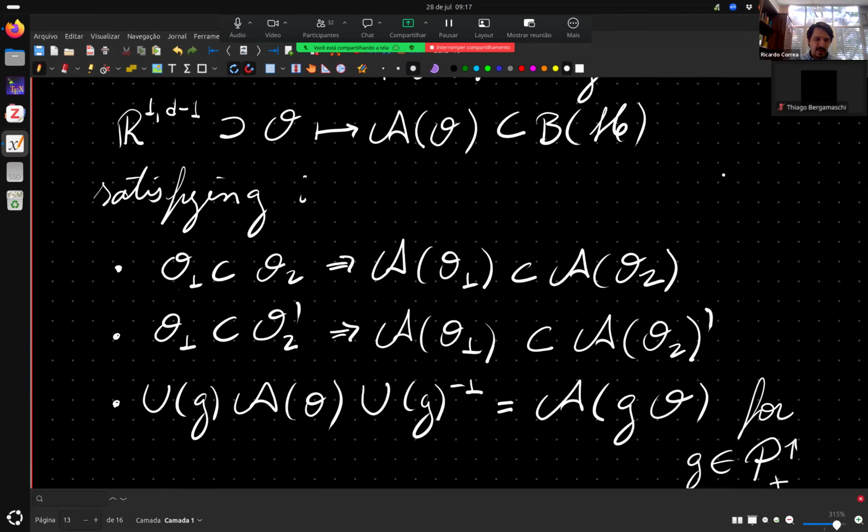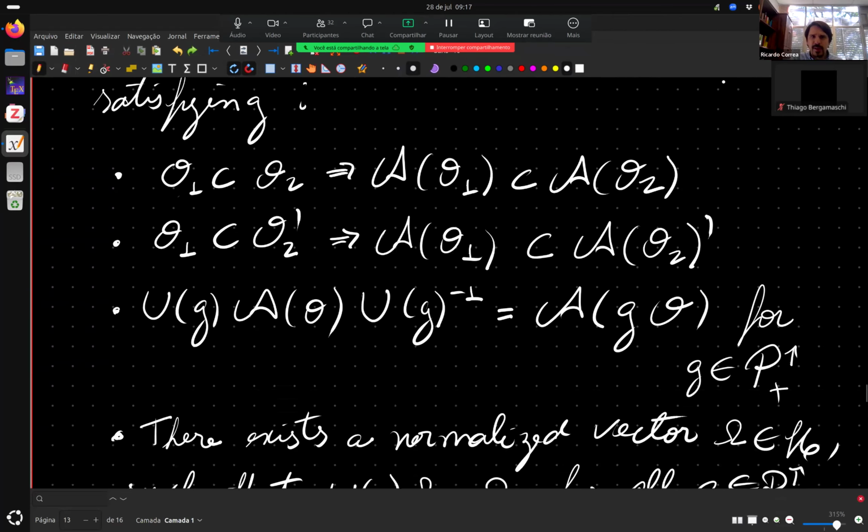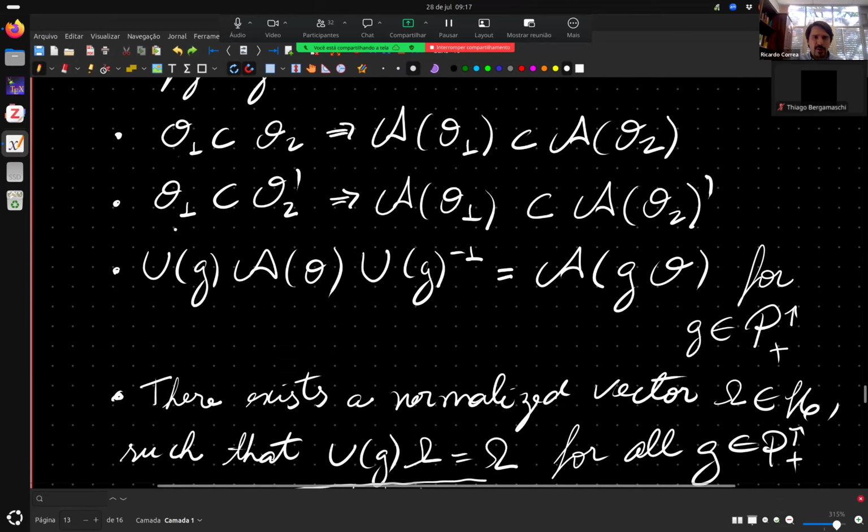That was the philosophy of matrix mechanics: the theory has to tell me what the observables are. The observables should be some set of self-adjoint operators, and I can form the C-star algebra related to those observables. I can talk about what I can observe within a region O1 and also O2. If they are contained, the algebras should be contained. If they are causally separated, the algebras should commute.